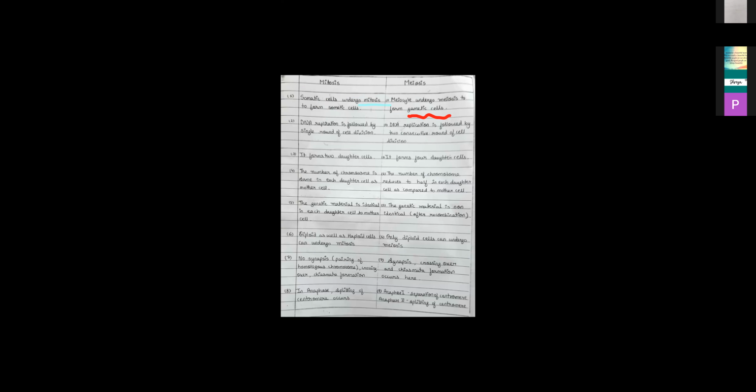Second point of difference between them, DNA replication is followed by a single round of cell division in mitosis. DNA replication occurs once and then there are 2 rounds of divisions in meiosis.